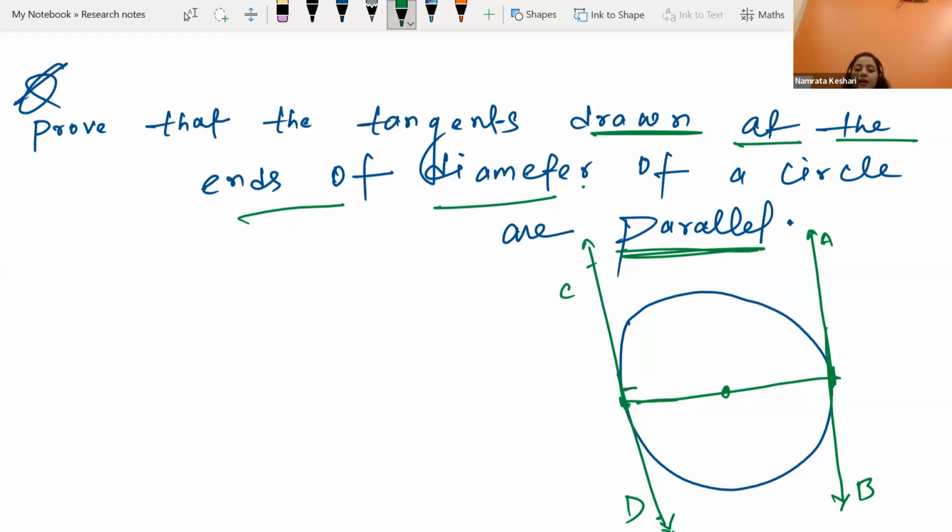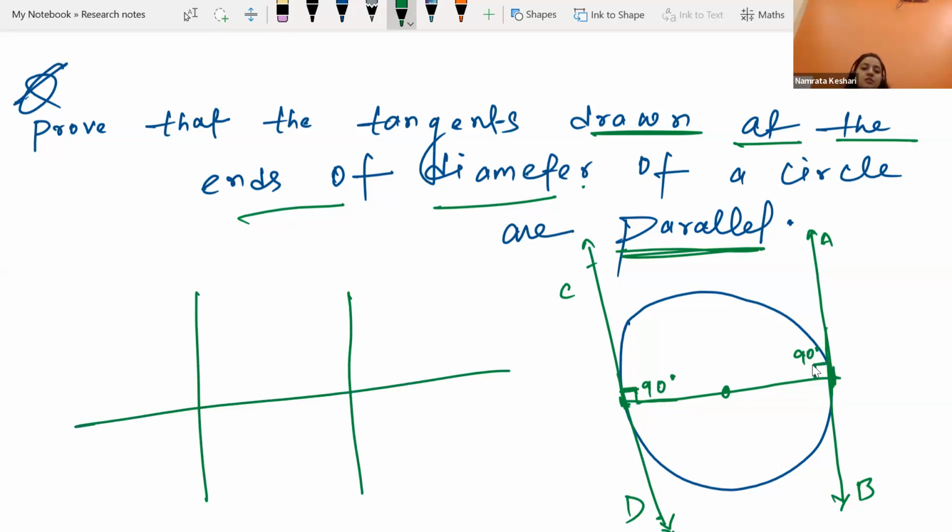Can we say that this angle will be 90 degrees? Yes. And we can also say that this angle will be 90 degrees. If you have two random lines, parallel or not parallel, and there is a transversal, and the interior angles on the same side sum to 180 degrees, that means both the lines are parallel with each other, yes or no? If we have two random lines and the co-interior angle sum is 180, then of course both lines AB and CD must be parallel.